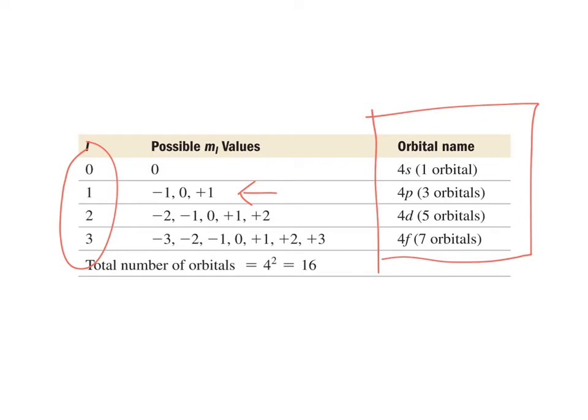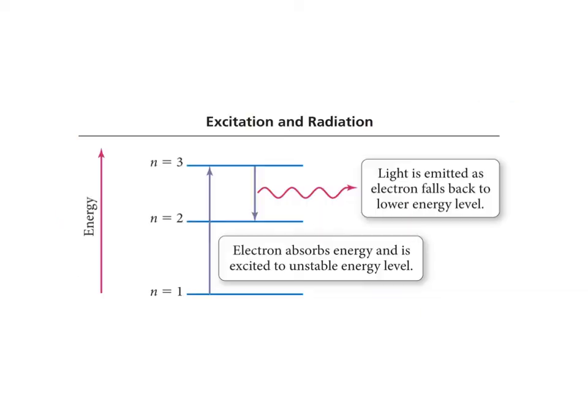Remember that. In the fourth energy level, there are 16 total orbitals. How do you get that? Well, you add 1 and 3, that's 4, plus 5 is 9, plus 7 is 16, right? But you can generalize that and say, for any n value, it is the square of the n that will give you the total number of orbitals.